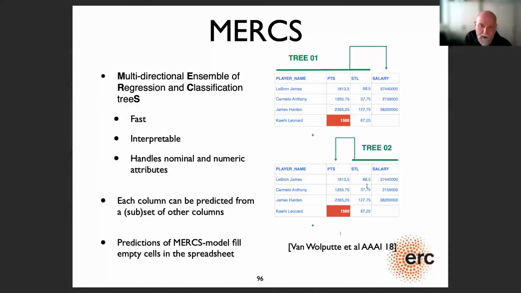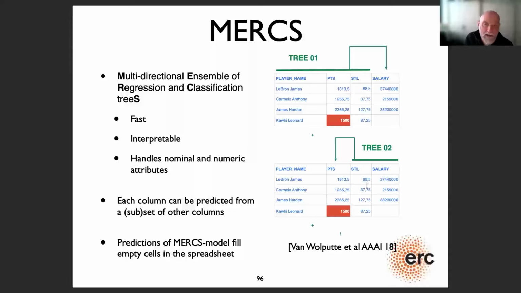So this Mark system is learning a battery of regression and classification trees, in the sense that rather than having a classical decision tree that predicts one attribute from the others, it uses multiple decision trees and ensembles of these decision trees to make such predictions.